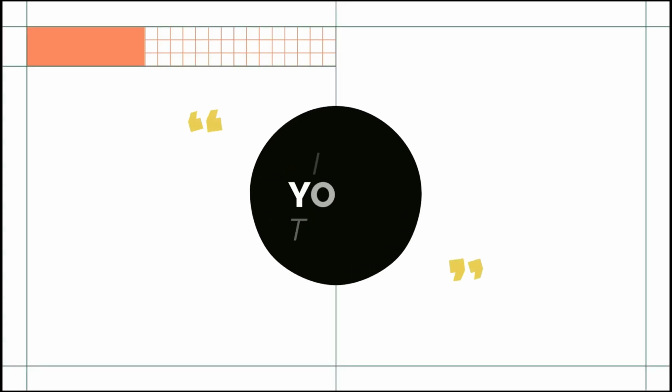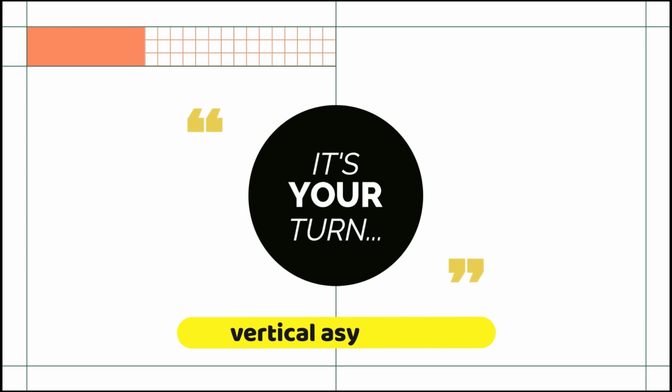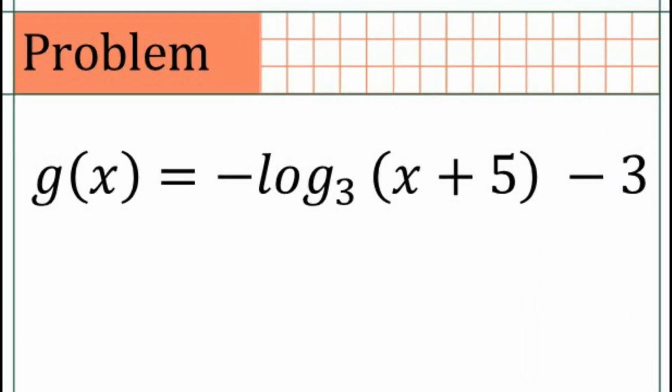Now it's your turn. Determine the vertical asymptote of this logarithmic function. I will read the function. G of x equals the negative logarithm of the quantity x plus 5 to the base 3 minus 3.